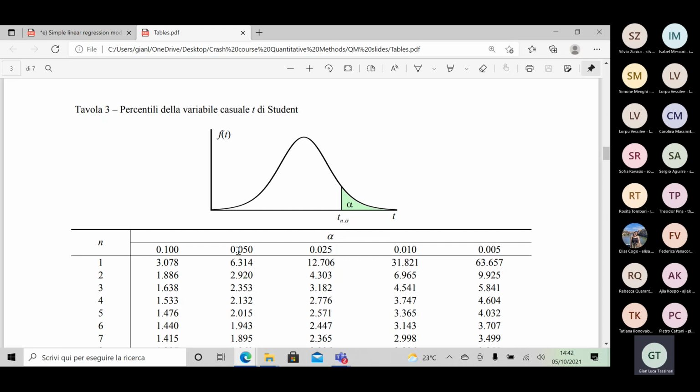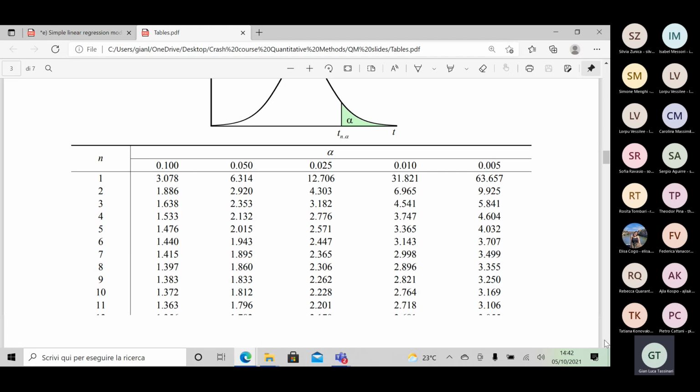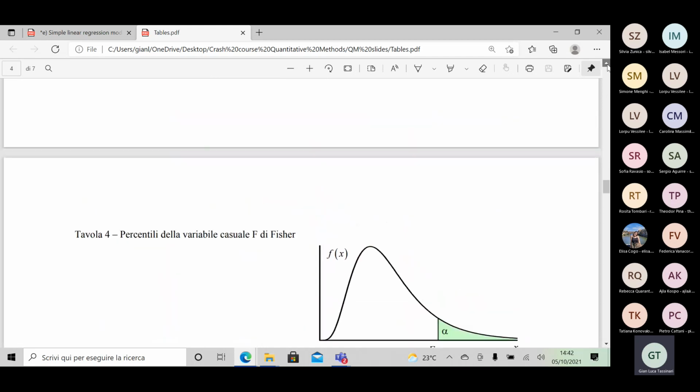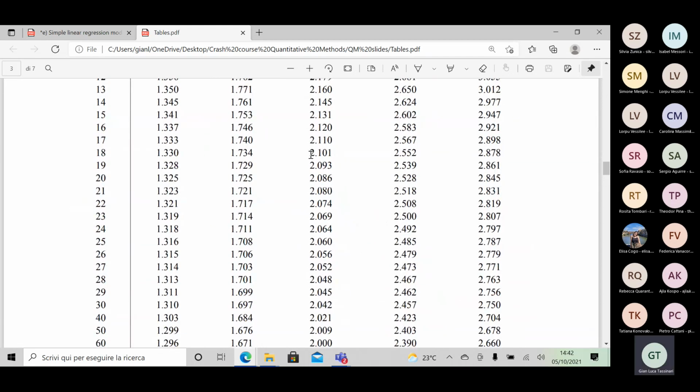Remember that this number here in this row corresponds to alpha, the green area. So we want alpha equal to 2.5%. This is the column in which we have to look. And how many degrees of freedom? 18. So go below: 2.101. So this is the percentile we wanted to find.